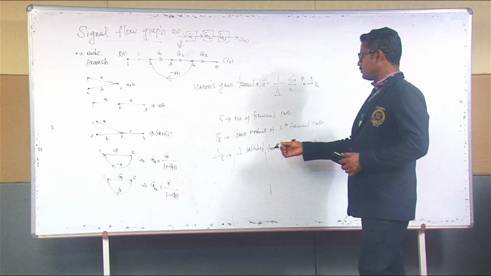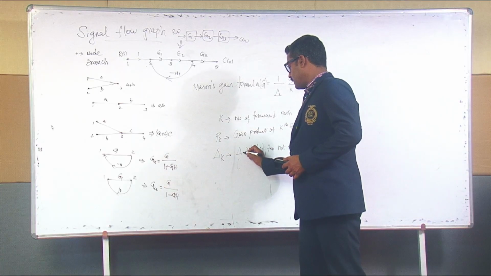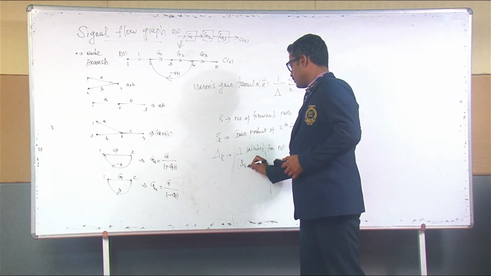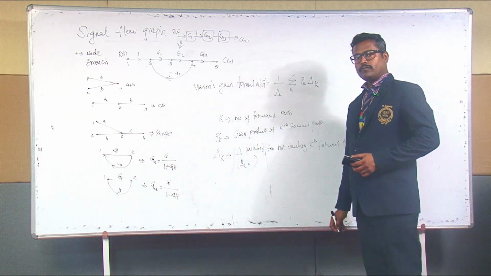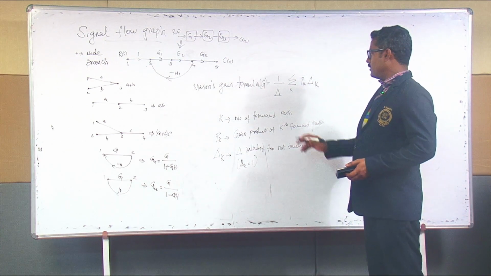Okay, del k equals 1 if there is no loop present not touching that particular forward path. So this is what del k is.